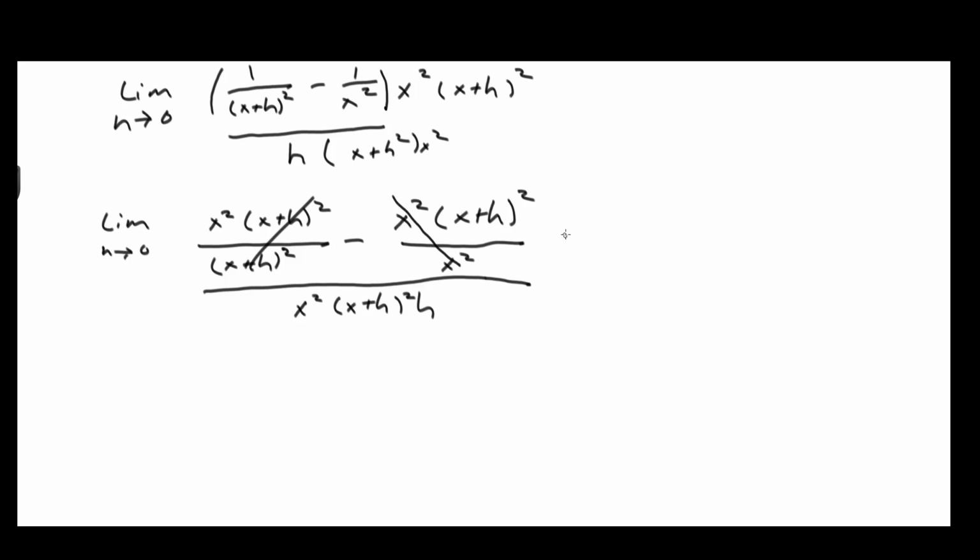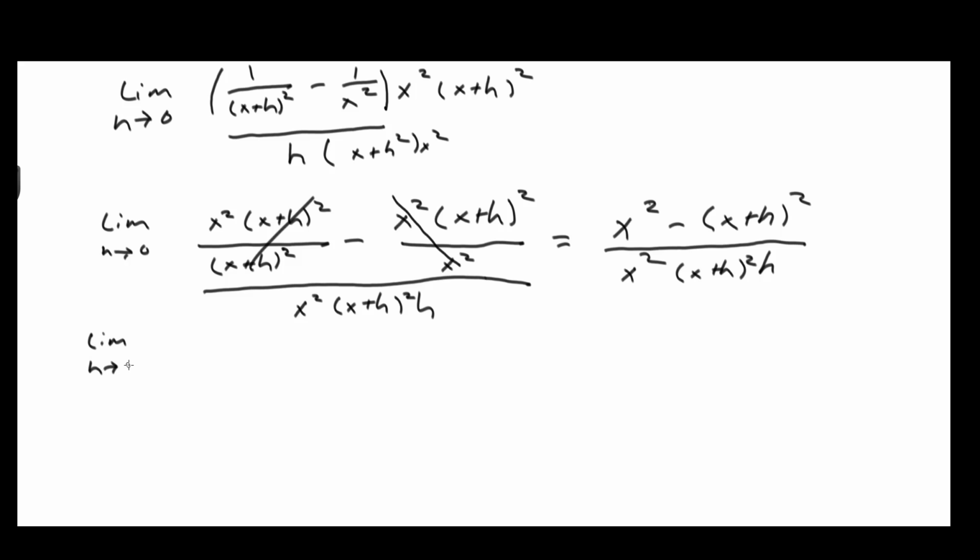So what that gives us is a value of x squared minus (x + h) squared. And once again, our denominator stays unchanged. So we take a look here.